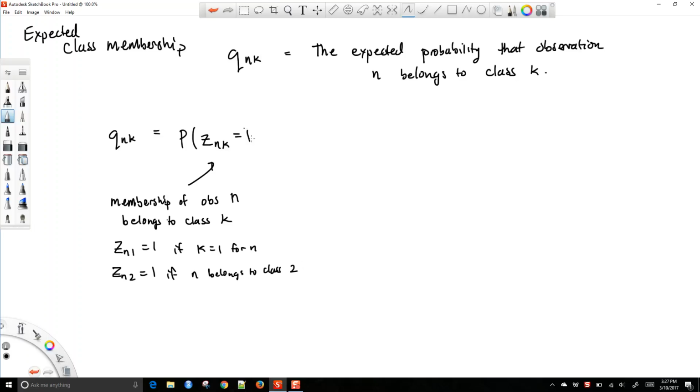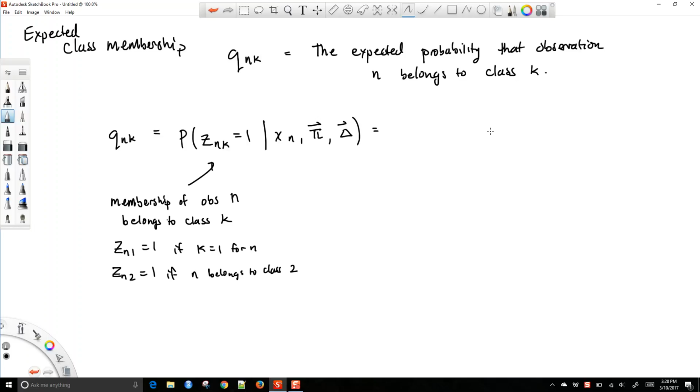Okay, so this is the probability that observation n belongs to class K, given the values of x_n, the probability vector pi, and the parameter vectors delta. Okay. Is this okay? Am I losing you with all of these symbols, or are we still okay? We're still good. Okay.